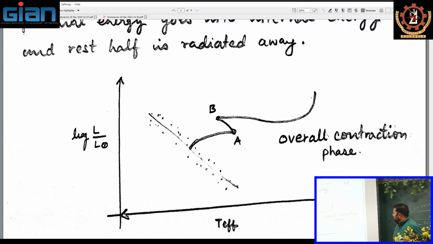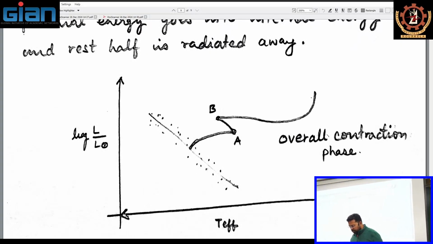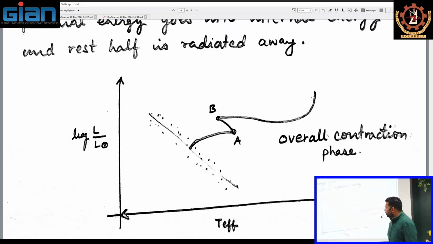Now, in what evolutionary phases does the star actually contract and use the gravitational potential energy to maintain the luminosity and increase the temperature? So this is the HR diagram. I'm just plotting it here in a conventional way.